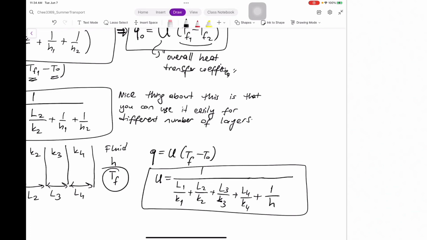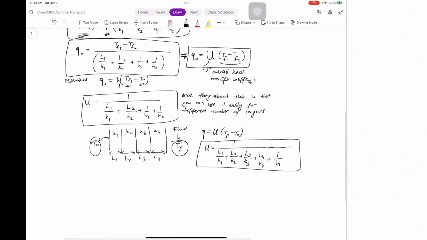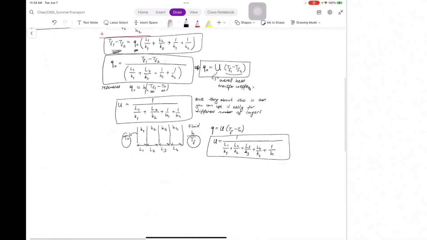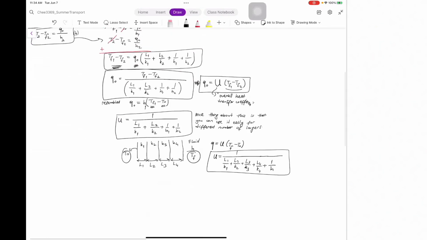So very easy and straightforward methodology, right? So you don't need to write down these again and again, but you just can use the concept of overall heat transfer coefficient to relate the flux to the temperature difference at 2 very opposite ends. Okay. Any questions so far?